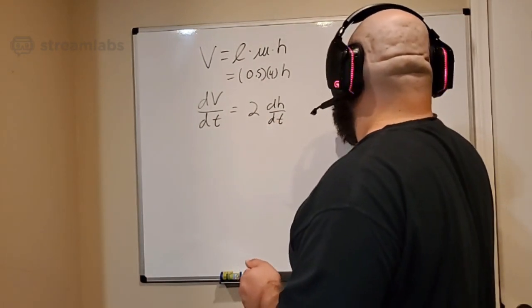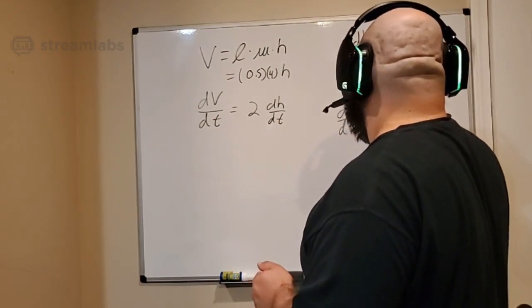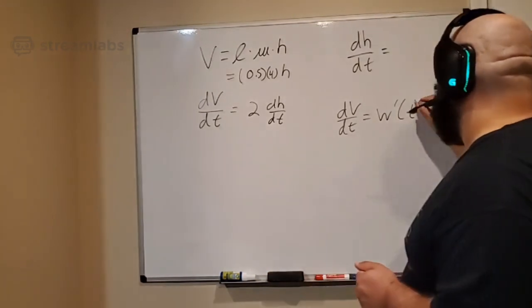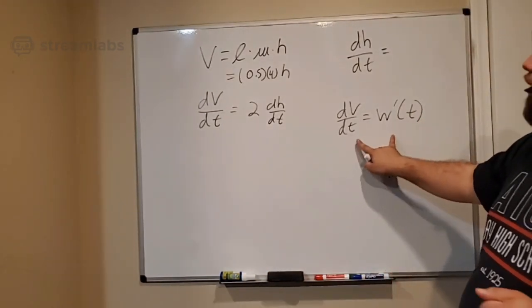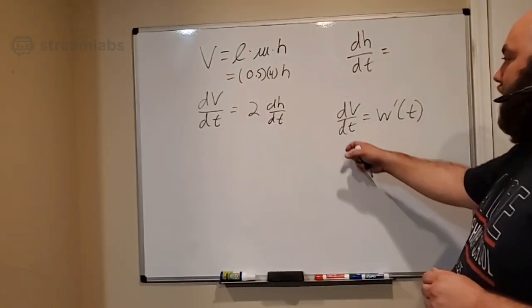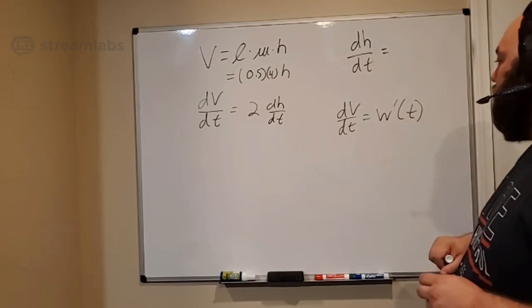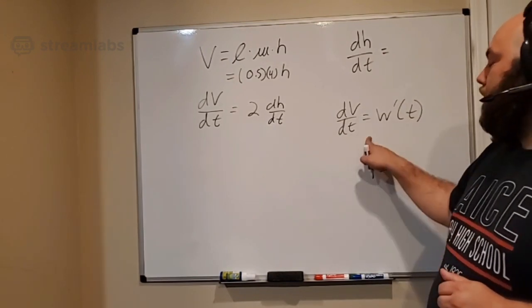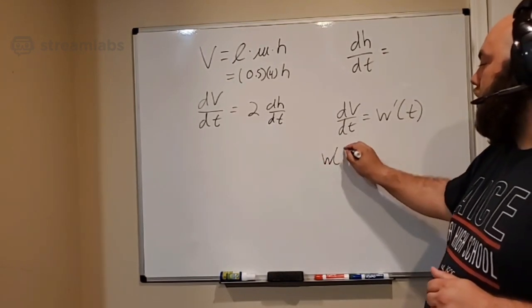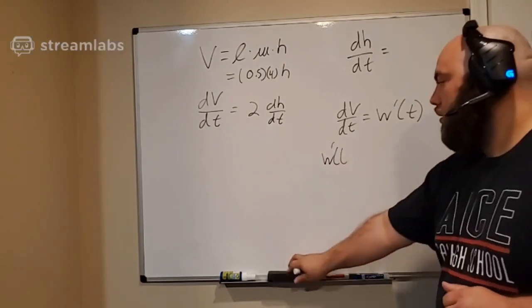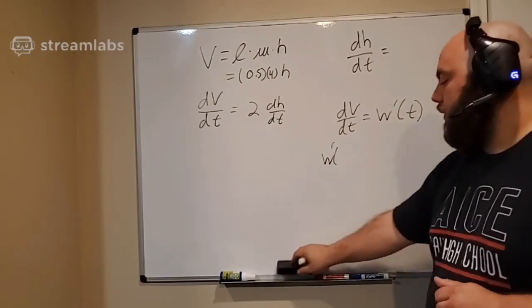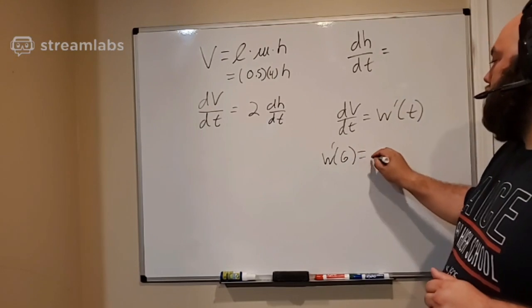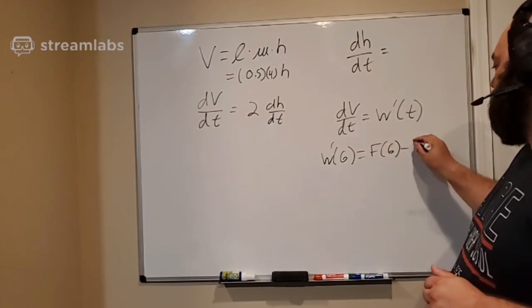These two are the same thing. The rate at which the volume is changing and W prime are the same. So if we plug in 6 to that, W prime of 6 is equal to F of 6 minus L of 6. Then you plug that into dV/dt and solve for dH/dt.